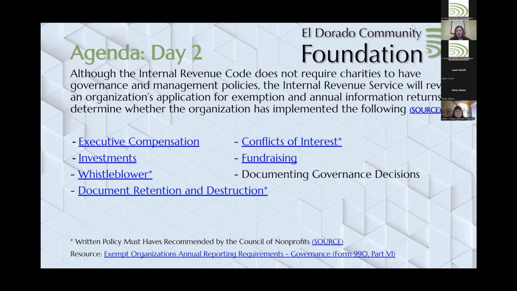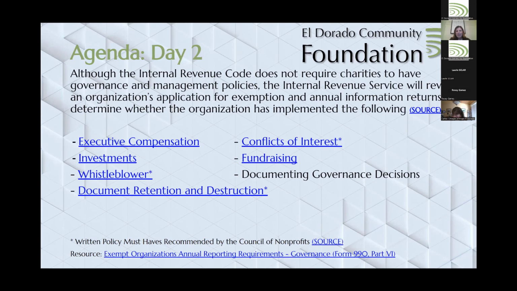However, if you're an organization that files a 990, especially in Part 6 of the 990, there are a lot of questions that lead to that if you do not have these things, you cannot answer yes.